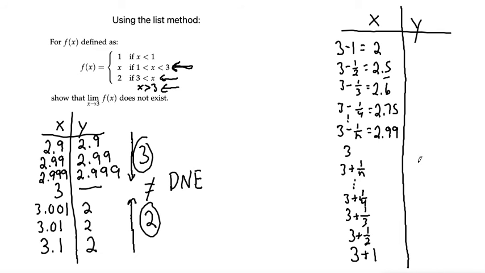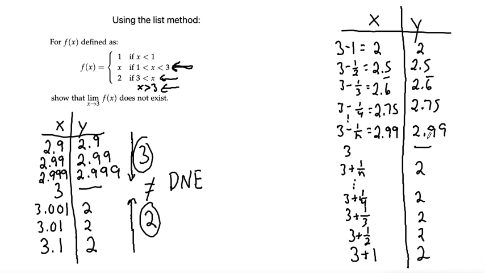We don't have to plug anything in. We can just say that all of these values are 2 in this example, since these numbers are in the region where x is greater than 3. For the numbers where x is between 1 and 3, they're always the value of x in the function. So this would be 2, 2.5, 2.6 repeating, 2.75, and 2.99.